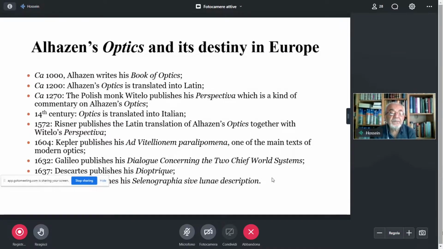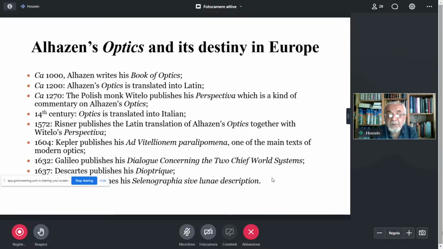The book was translated into Latin in about 1200. In about 1270, a Polish monk named Vitello published a book named Perspectiva, which is the Latin word for optics.